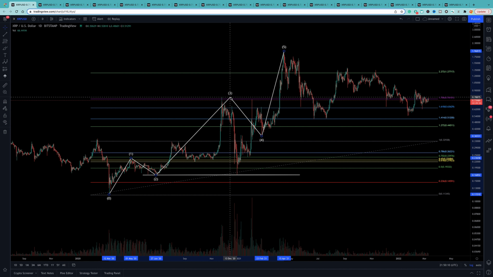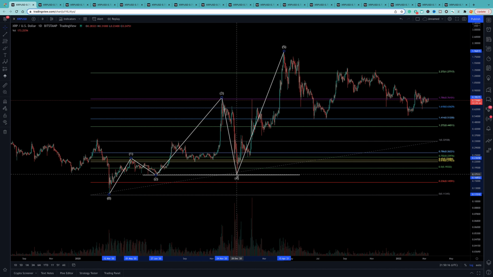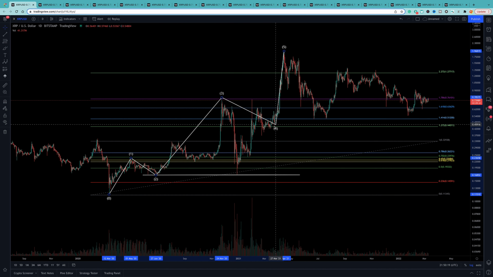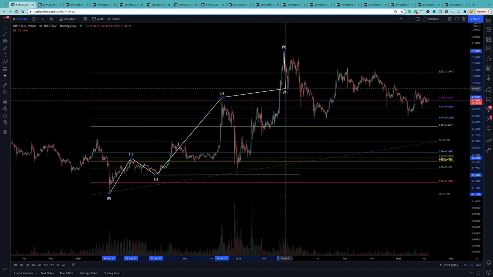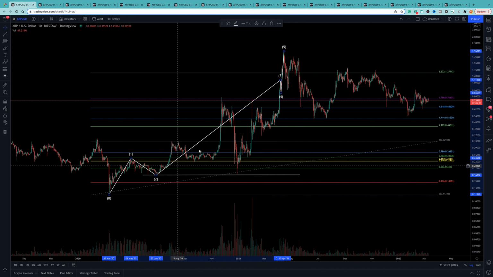So it can't be this to there, because you're ignoring the fact that it came all the way down to there. So it looks like it'd be something like this. Look at that for volatility. Crazy volatility, yeah?